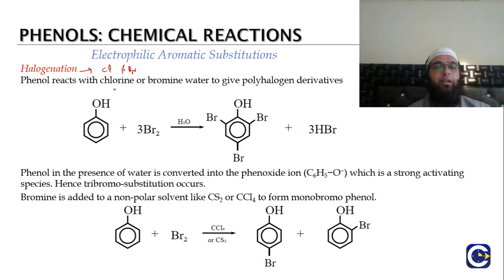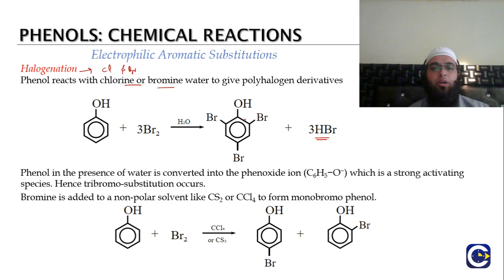So when phenol reacts with bromine water or chlorine water, we get polyhalogen derivatives. So here is the reaction. The phenol reacts with bromine, and we get the polysubstituted phenol, and in addition to this, we also get hydrogen bromide.